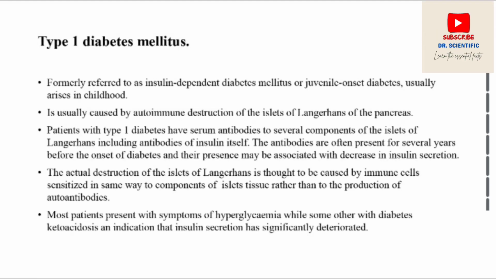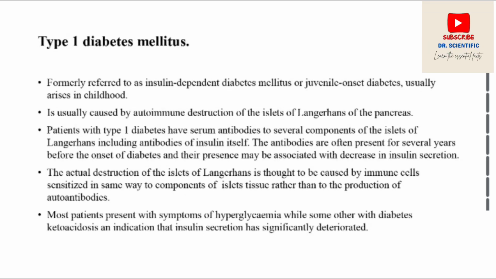There will be destruction of beta cells, which produce the insulin hormone that helps in the regulation of blood glucose. And when there's destruction of beta cells, there will be a lack of insulin release. And that lack of insulin release will lead to insulin-dependent diabetes mellitus, which is type 1 diabetes mellitus. Now, that is the pathogenesis. You become susceptible.